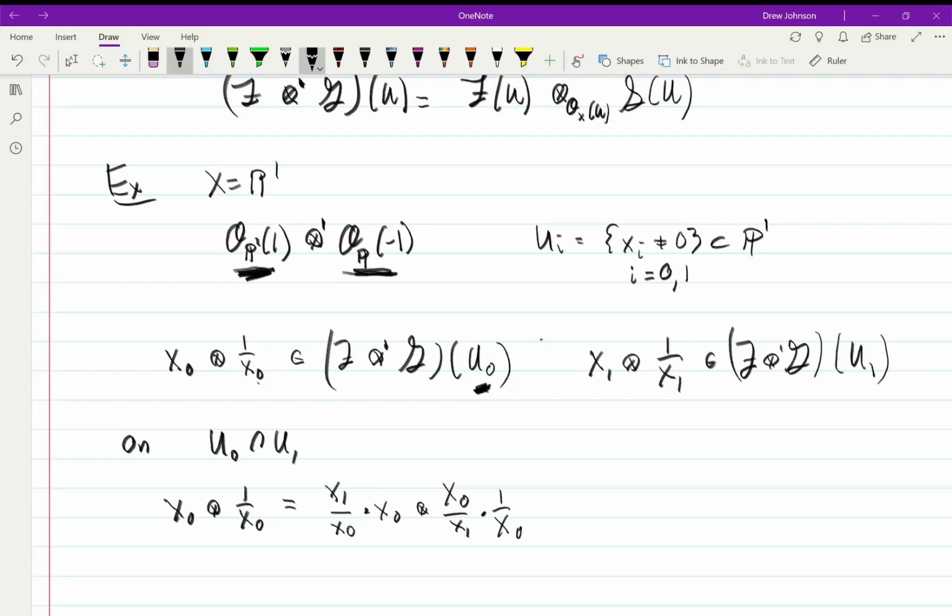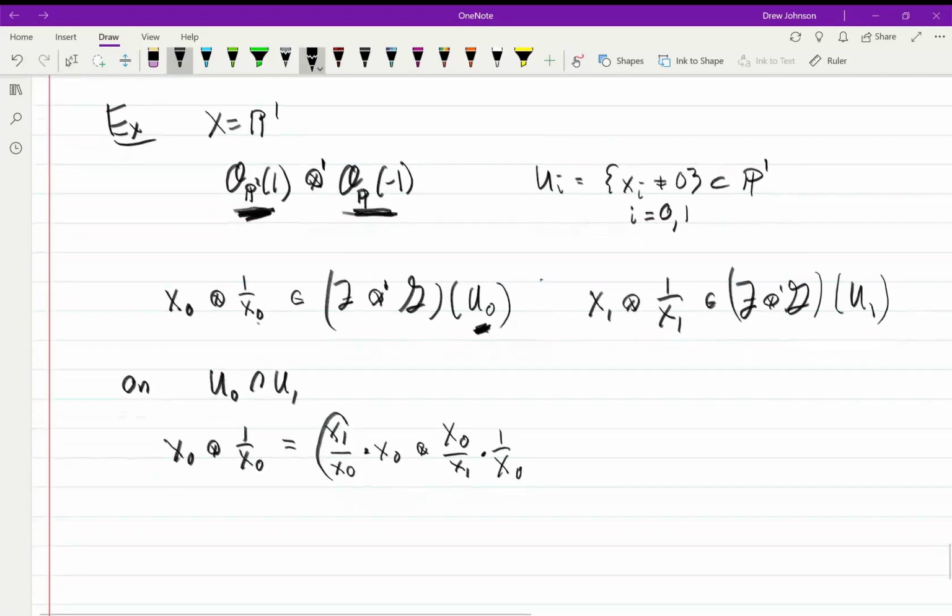Okay, why is this equal? Well, this thing here is an element of O_X(U0 intersect U1), right? And this over here is also, and these two are inverses. And remember that this tensor product is a tensor product over O_X(U0 intersect U1).